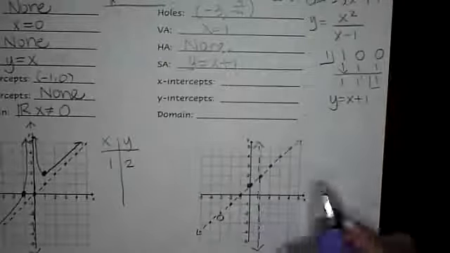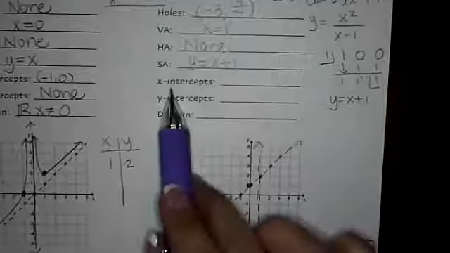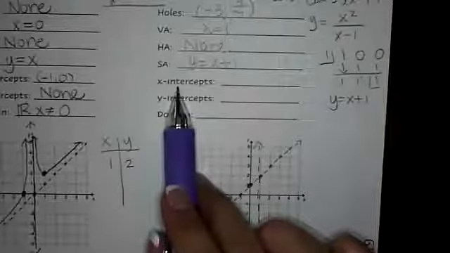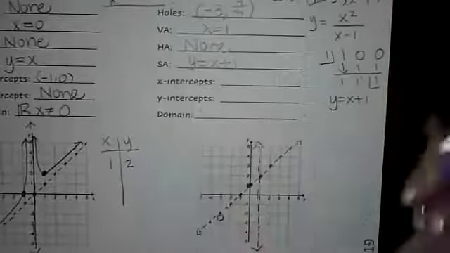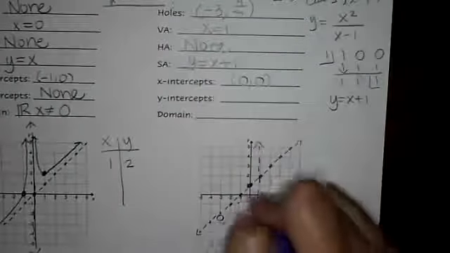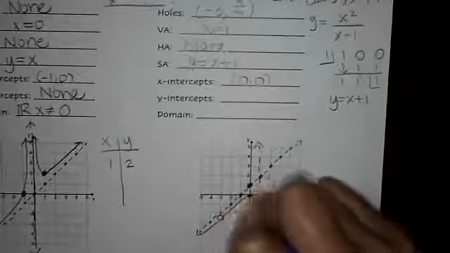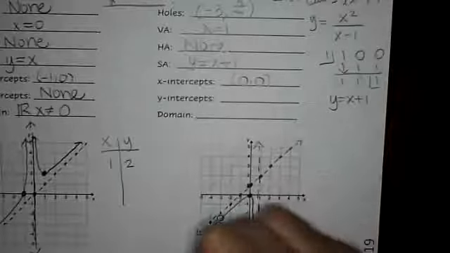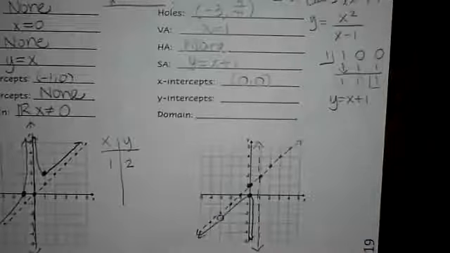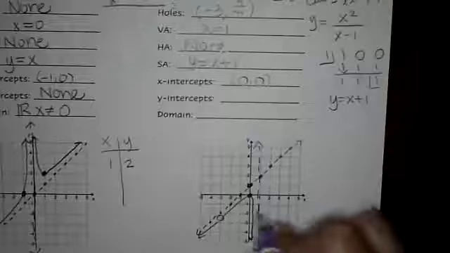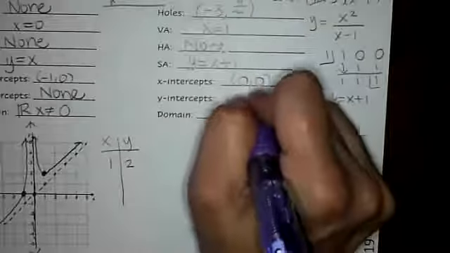It's going to be in this section. To get my x-intercepts, I'm looking for where the y value would be 0, which is at 0. So that's right here. So there's my graph on the bottom. For the y-intercept, we already found that it's 0, 0 as well.